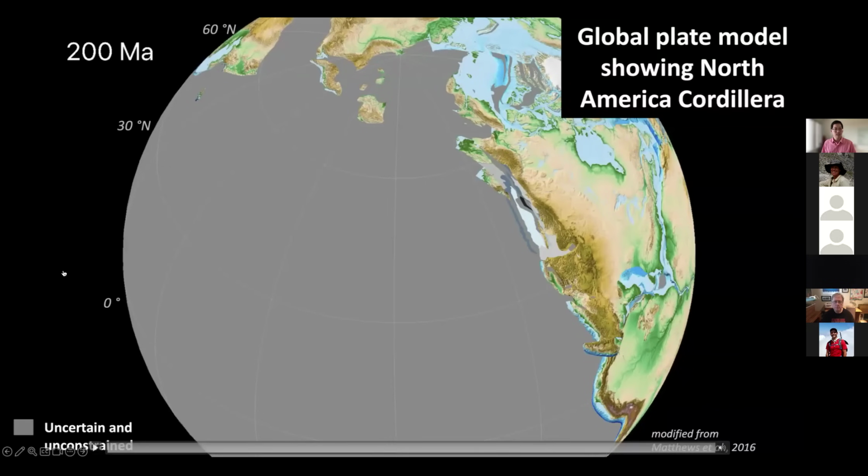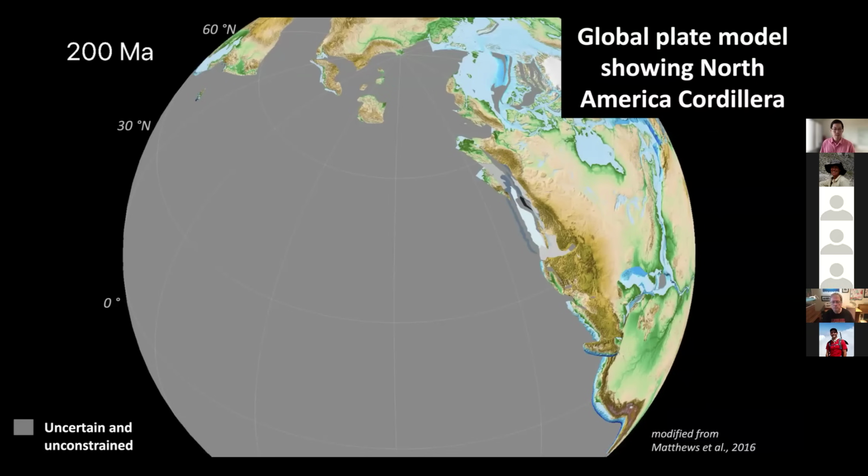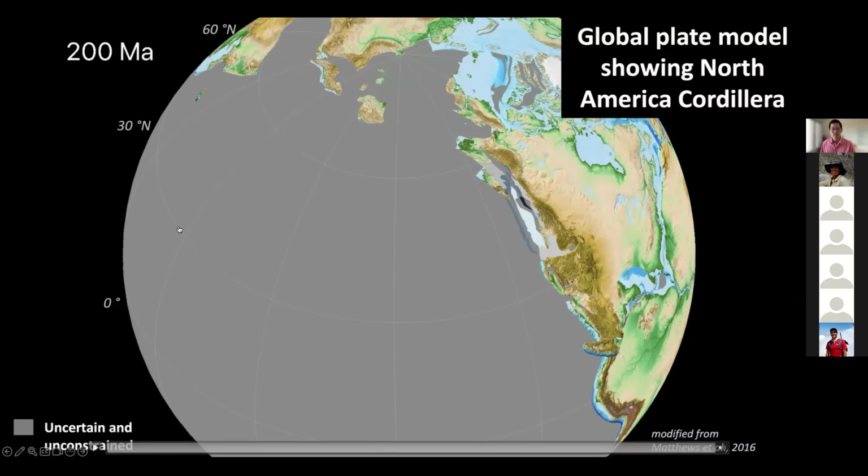Let's just get started. I think this is always a good place to start. This is a global plate model showing what we know about Western North America in terms of the best constrained plate tectonic constraints, which are from seafloor spreading.